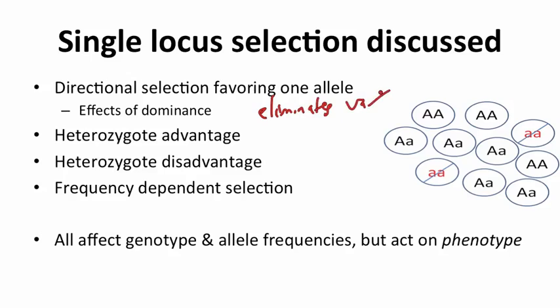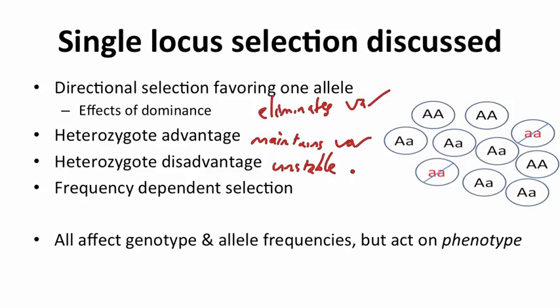And the effects of dominance will change the speed with which variation is eliminated, as well as the strength of selection, of course. Heterozygote advantage maintains variation. Heterozygote disadvantage is unstable, so although you can argue that it maintains variation, it only does so under unrealistic circumstances, so it probably will eventually lead to elimination of variation.